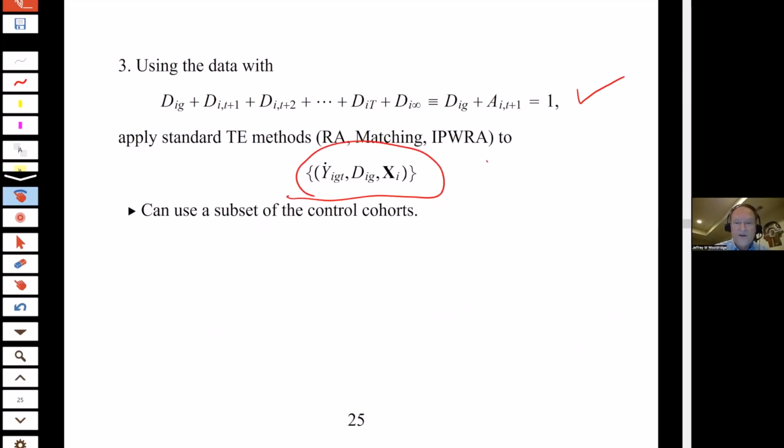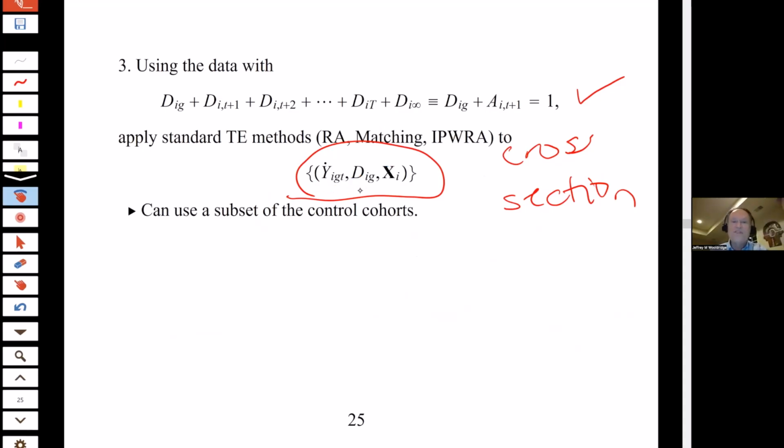This is a cross section, and all we've done here is create what looks just like a regular cross-sectional unconfounded treatment effect problem. It's just that we apply it to this transformed variable.